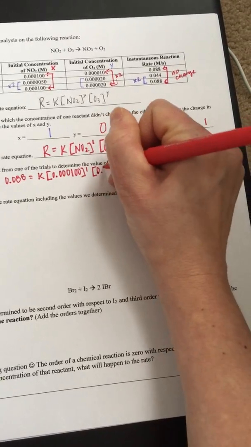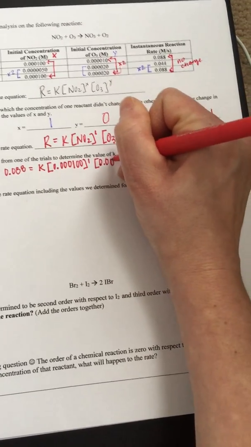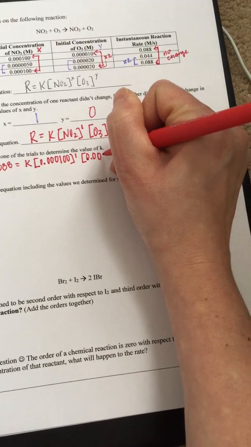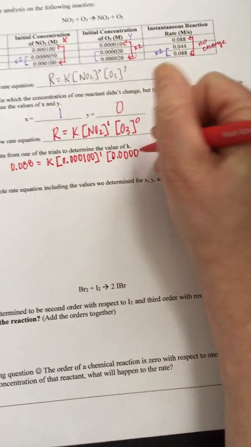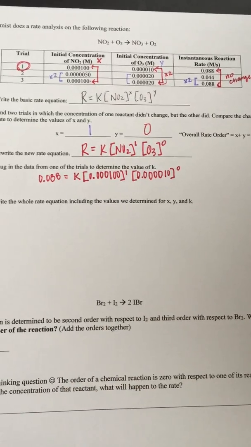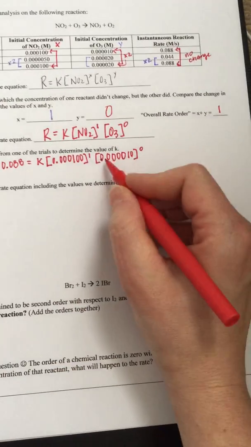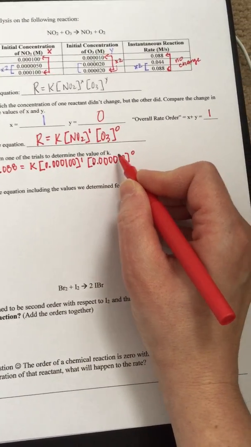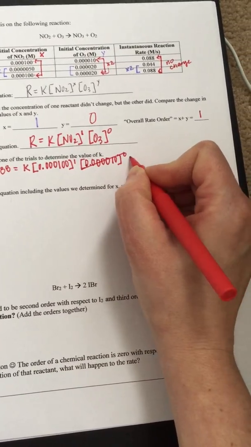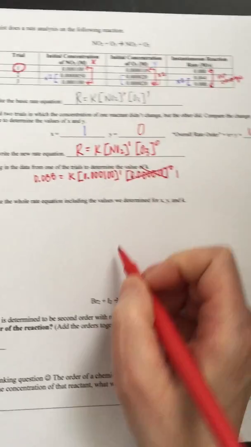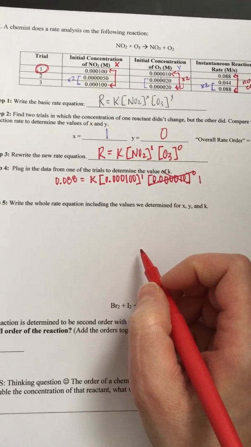Same thing, 0.00000, I think that one has 4 zeros, to the 0. Like I was saying before, anything to the 0 is just 1. So we can eliminate that from our equation to keep the math easy.